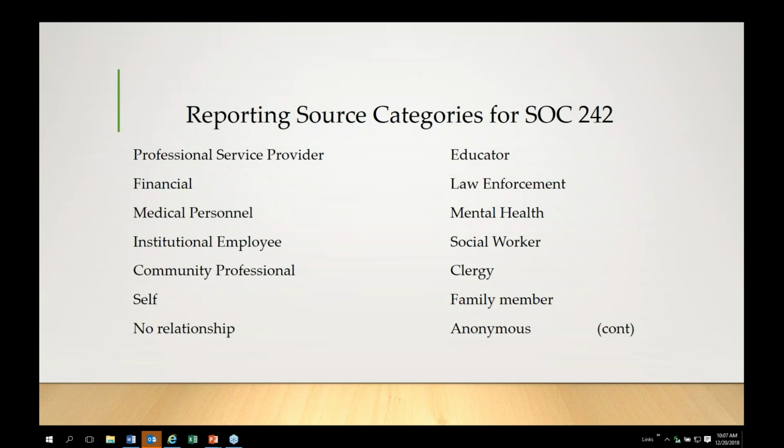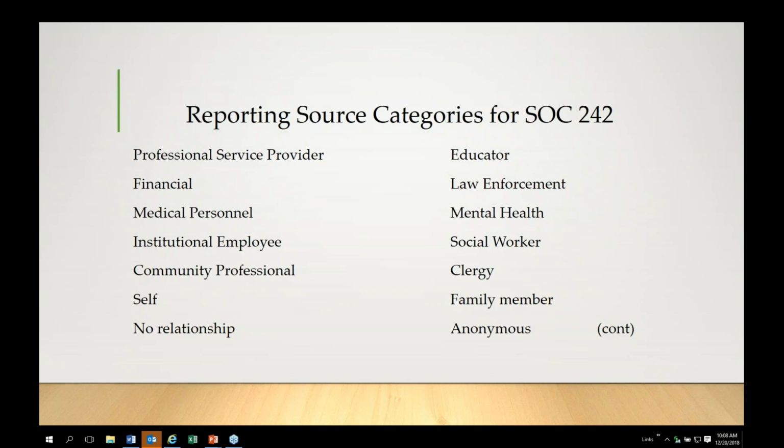So for example, a professional service provider is someone who's in the business of working with older adults or with persons with disabilities. So people like your regional center, folks at the Office on Aging, those kind of people would fit under professional service provider.